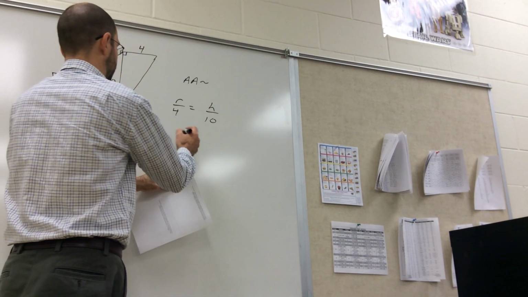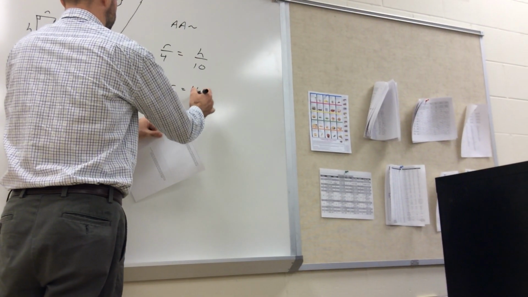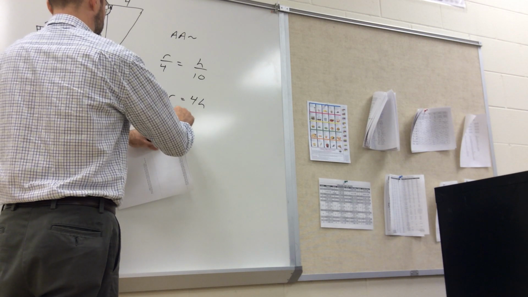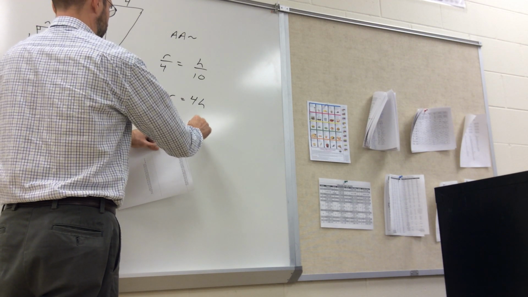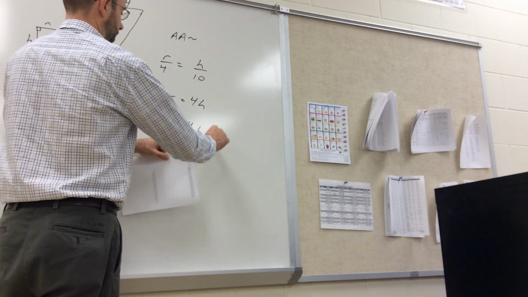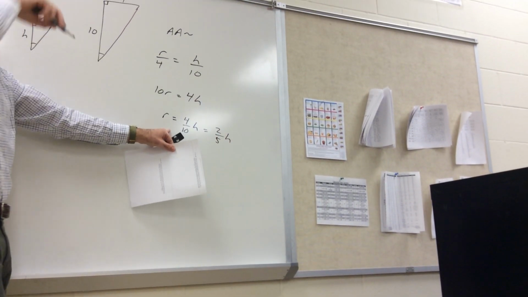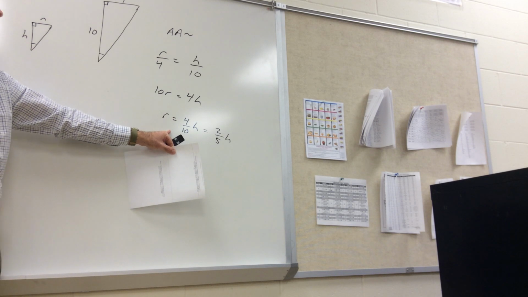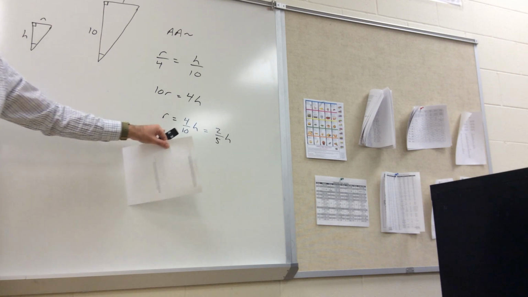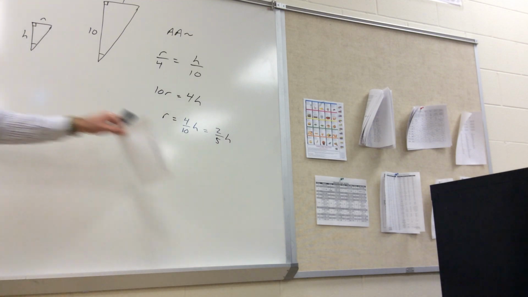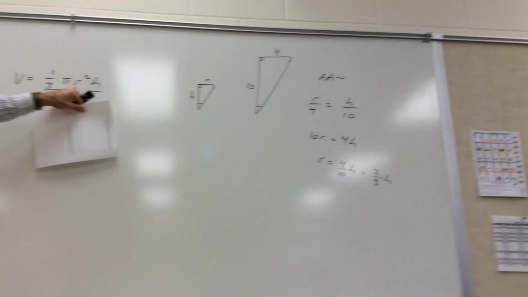So then you cross multiply that, and you get 10r equals 4h. And then you get r equals 4/10 times h, which could reduce to 2/5 times h. So the purpose of all of that was now I can take that mess, 2/5 h, and plug it in over here for r.